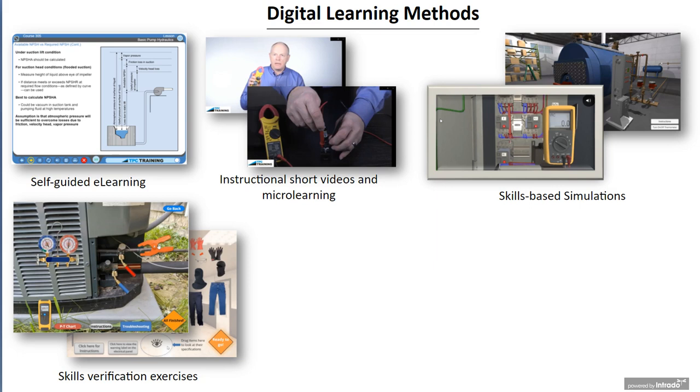Reading a schematic is another good one. You're looking at a big schematic with all the pieces of the control circuit. Can you identify the different components on the schematic and how it works? That kind of stuff. These are loaded into an LMS alongside their e-learning modules and the videos they're watching, and now they're practicing for themselves. And not just one person, but thousands of people across a company can be doing the same thing, getting varying results and learning in different ways.